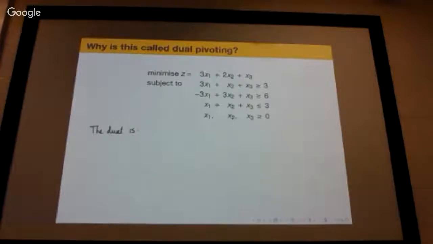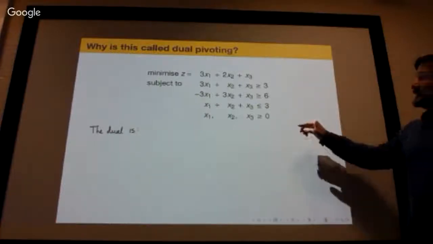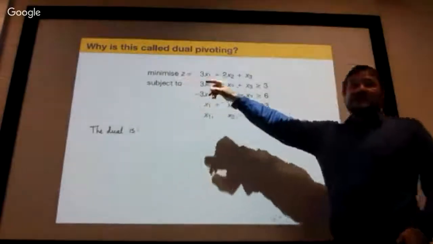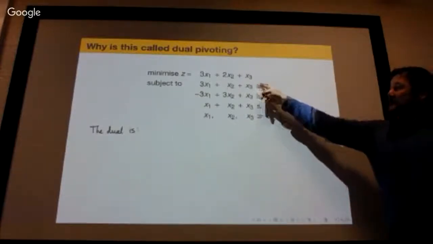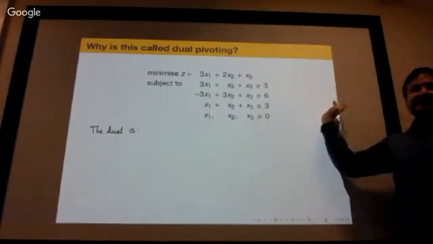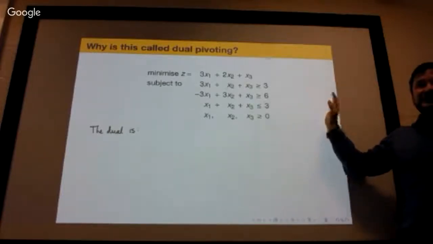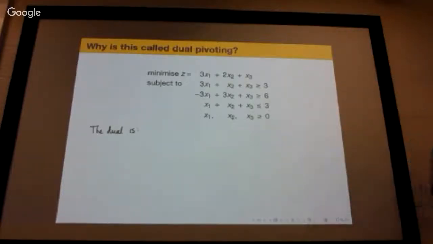One thing that is slightly nasty about this is that it's a minimization problem. In a minimization problem, when we're doing the dual, we find it useful to have all the signs going greater than or equal to. So we can rewrite this constraint by multiplying it by -1, so we get -x1 - x2 - x3 greater than or equal to -3.